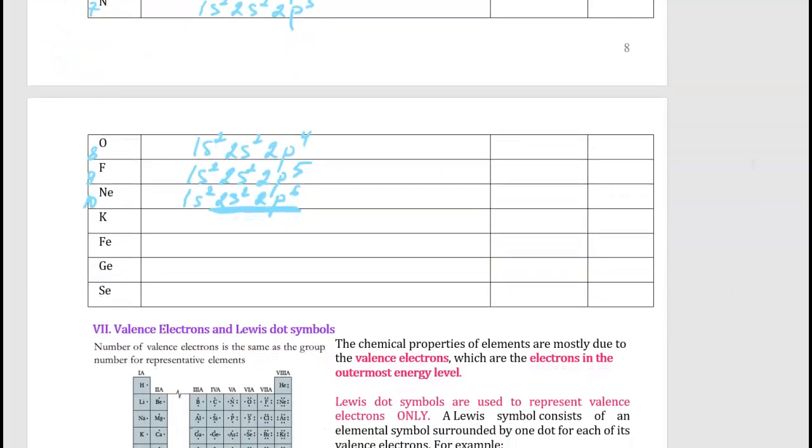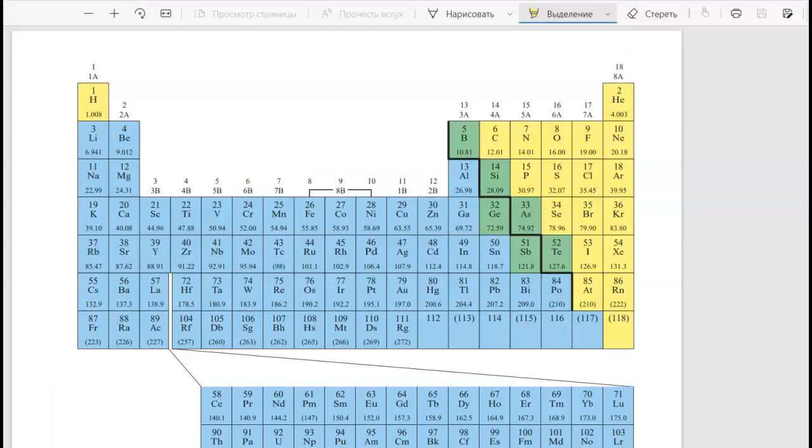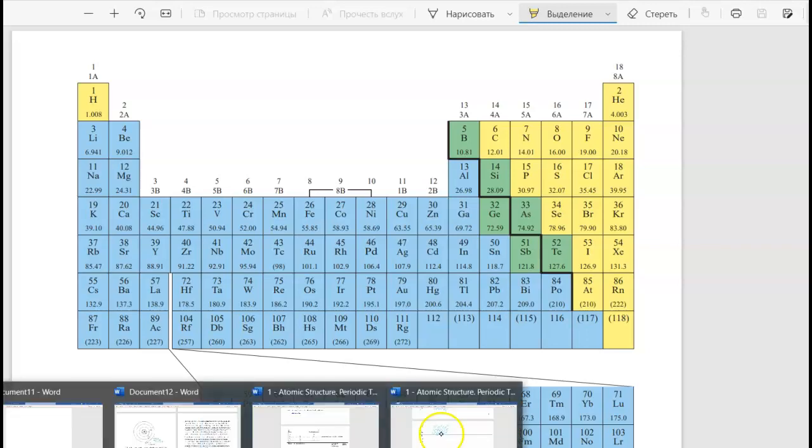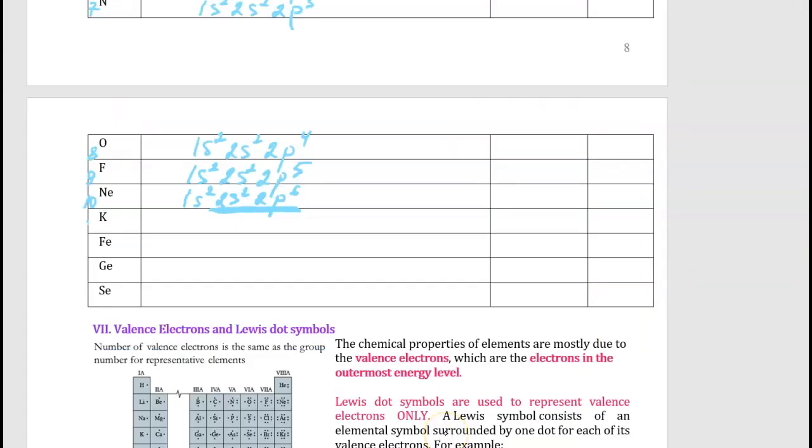Okay, let's go further. Potassium. Let's find it in the periodic table. Potassium is number 19, so it has 19 electrons, and the period number is 4. Period 4.